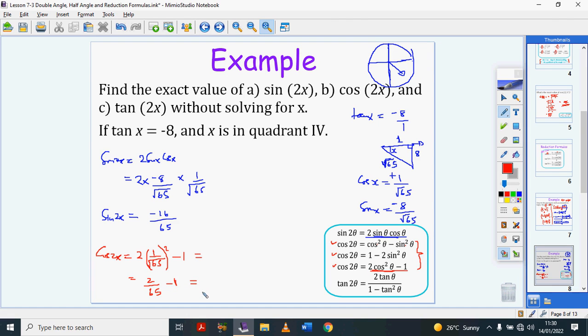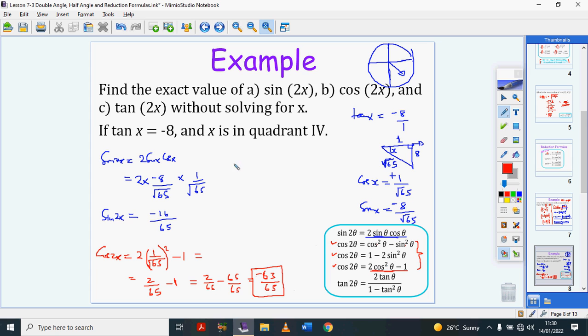What does that give us? That's as if you're subtracting 2 over 65 minus 65 over 65, which gives you negative 63 over 65. So I want you to check my answers by hopefully using a different one.